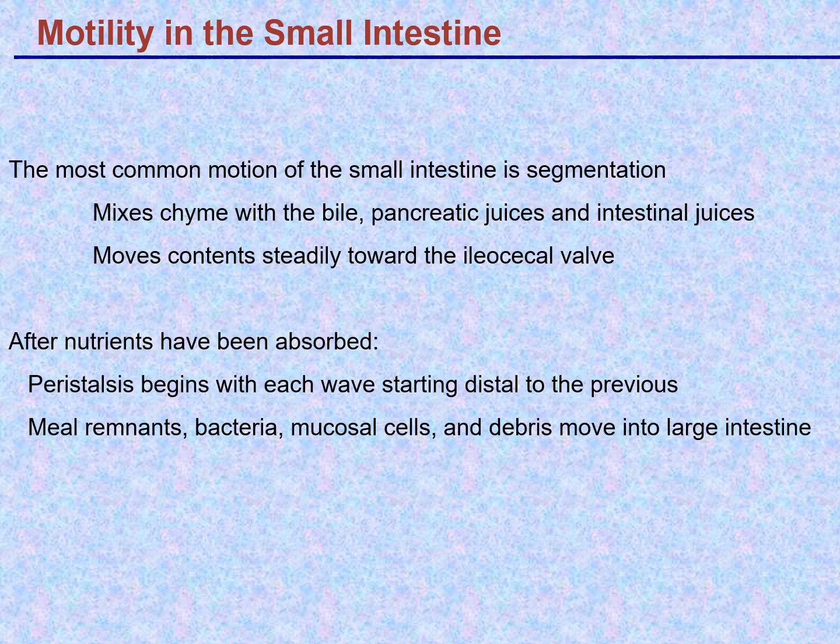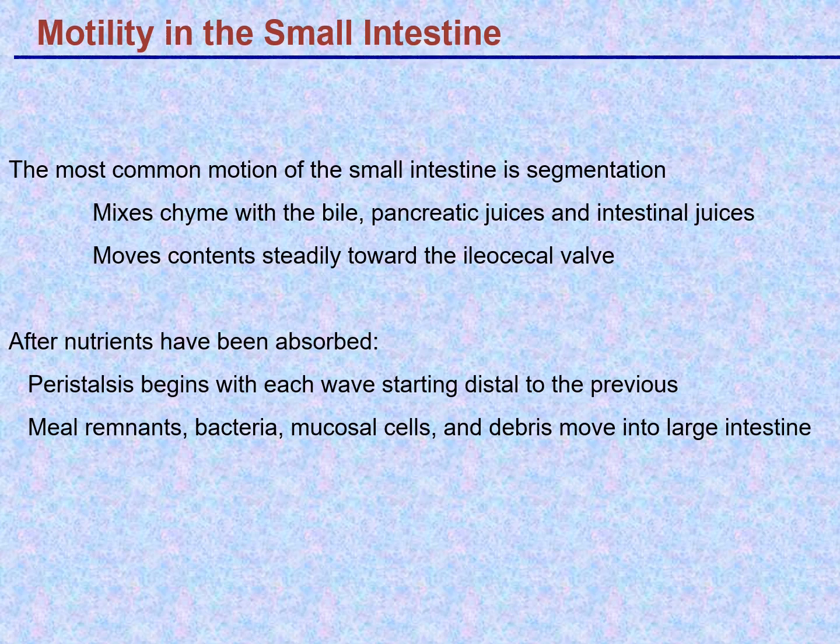Following significant absorption of nutrients, significant hydrolytic enzyme breakdown of the material and absorption of nutrients, increasing peristalsis occurs, with each wave starting proximally and progressing down the length of the small intestine towards the ileocecal junction, and you get significant motion of material down.